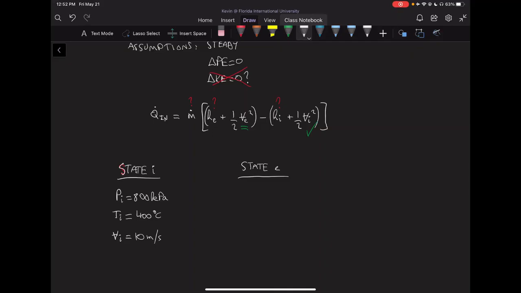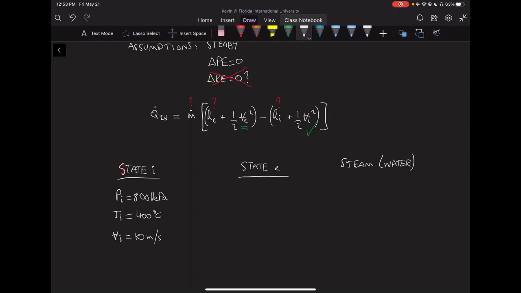So how do we figure this out? We're told in the question that we have steam as the working fluid. Steam is the same thing as water. So what equation are we going to use to solve for H? Are we going to use CV delta T or CP delta T? Or are we going to use tables?